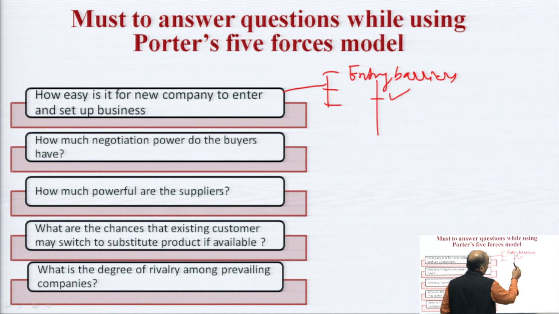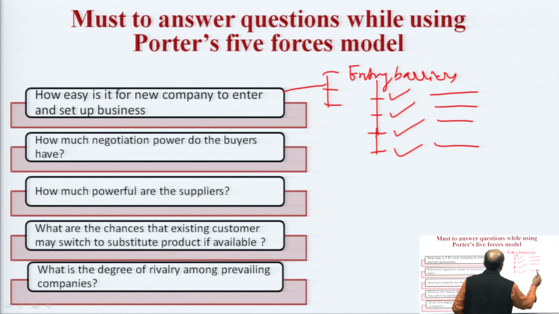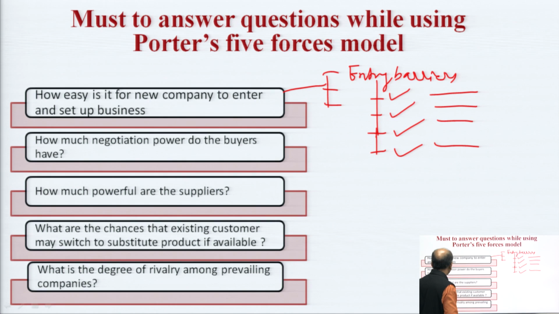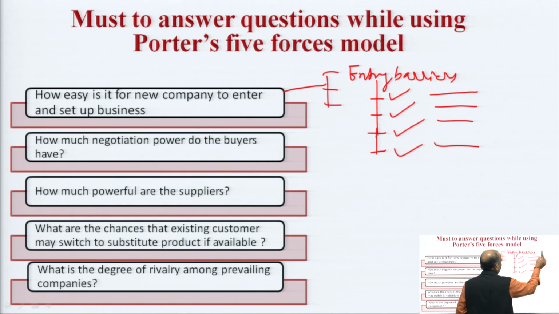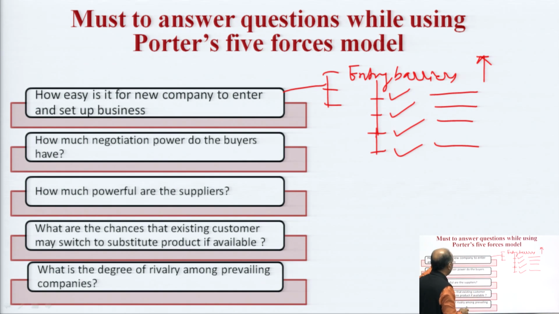Economies of scale, the availability of substitutes, the setup cost, the cost advantage. So we will evaluate all these so that we can answer this question properly. If the height of the entry barriers is very, very high, it means that it is not easy to enter this industry. So this is how we can answer this.